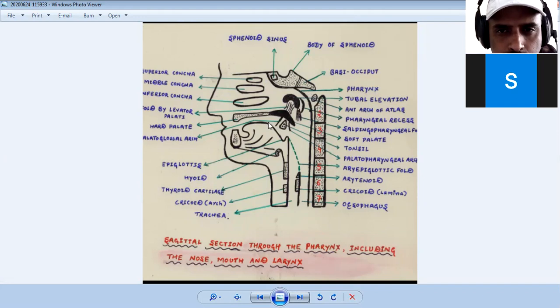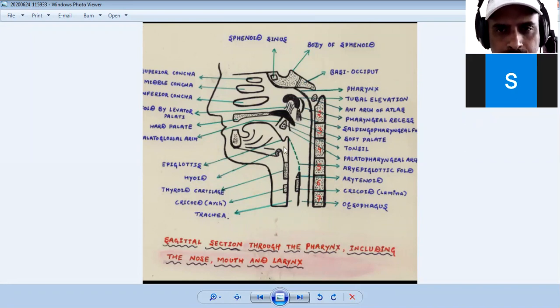Then the anterior wall of the pharynx. This anterior wall is not a complete one. It has communication with the cavities. So the nasopharynx communicates with the nasal cavity, the oropharynx communicates with the oral cavity, and the laryngopharynx communicates with the larynx.